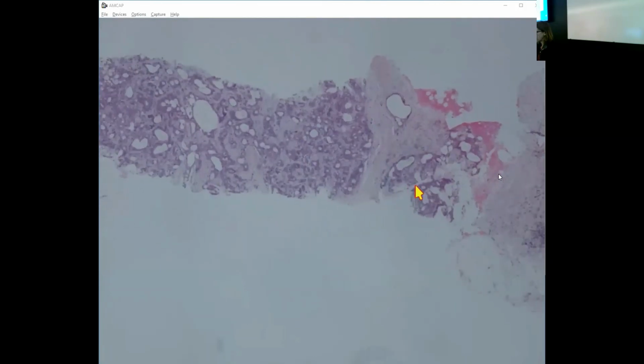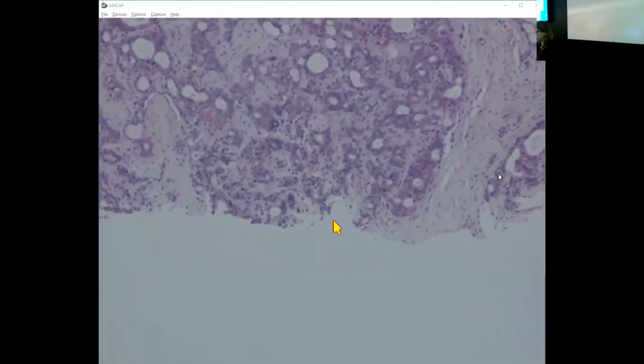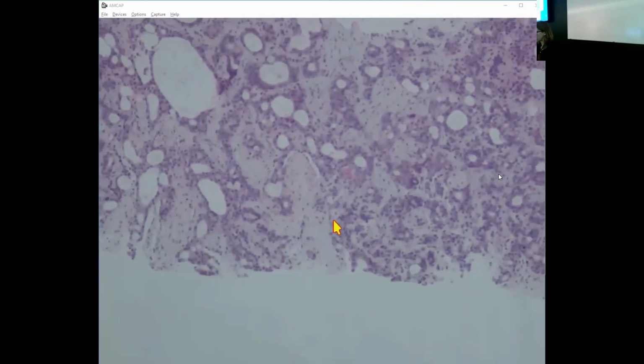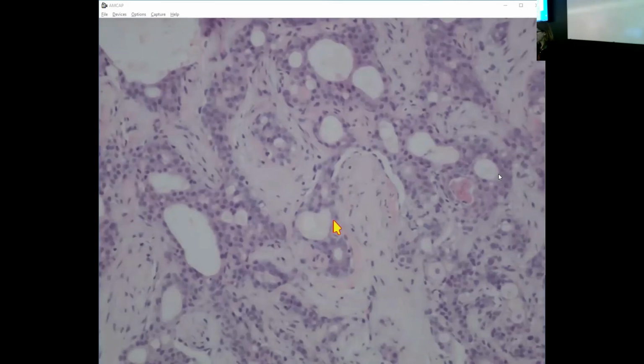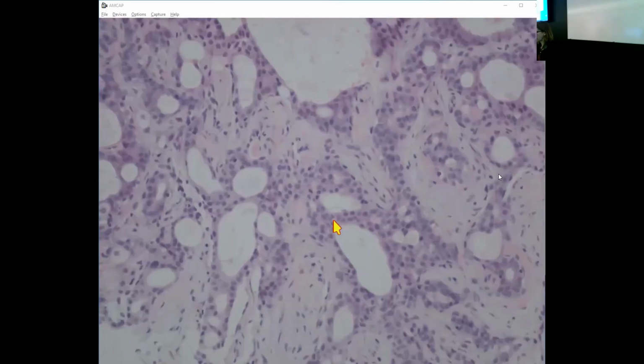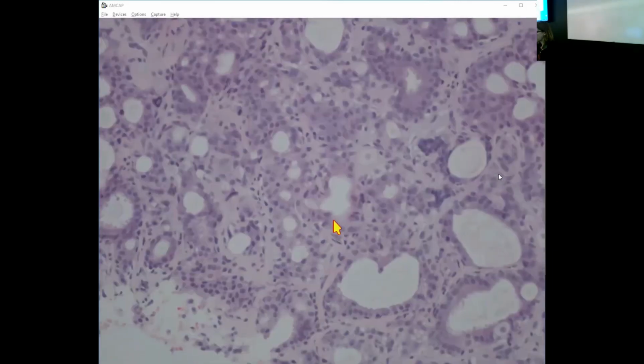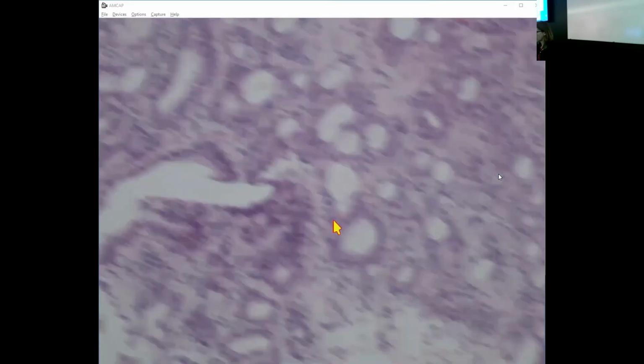And you can see there's a circumscription to it at the edge that should cue you into the possibility of it not being an invasive carcinoma. And then you've got these myoepithelial cells and epithelial cells. So again, another biphasic kind of tumor, which you can highlight with immunostains if you need.